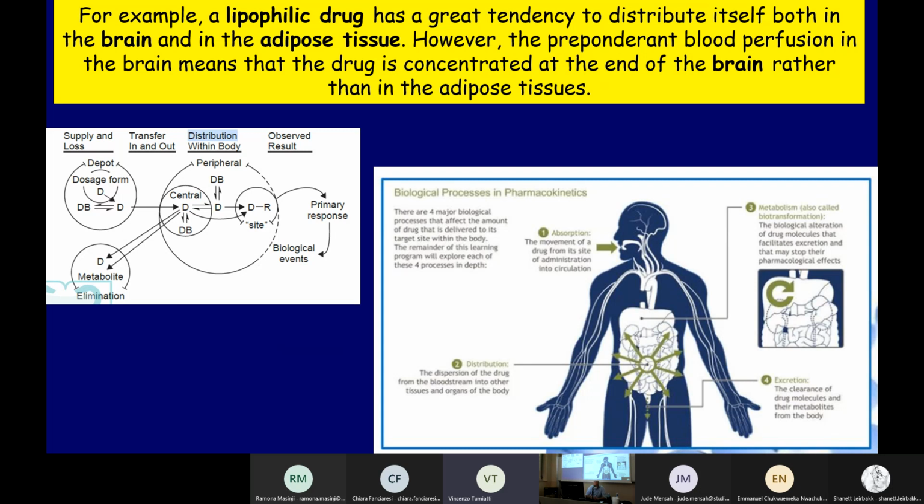And these tissues have a particular tropism. Your lipophilic molecule is able to reach very easily this district. And in this district, this drug is able to remain.